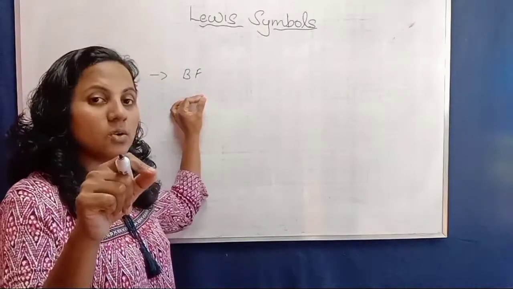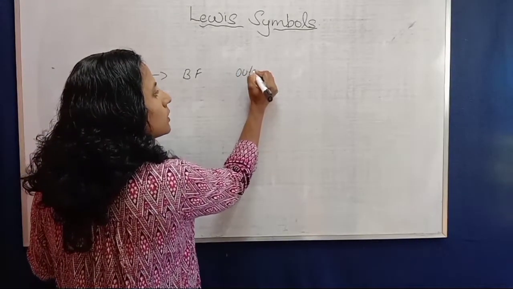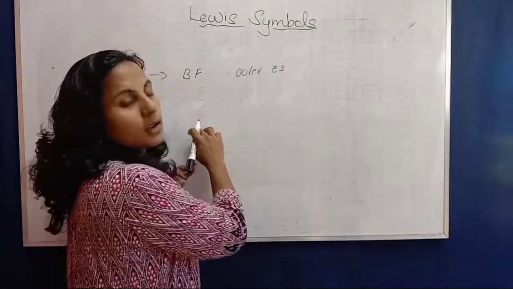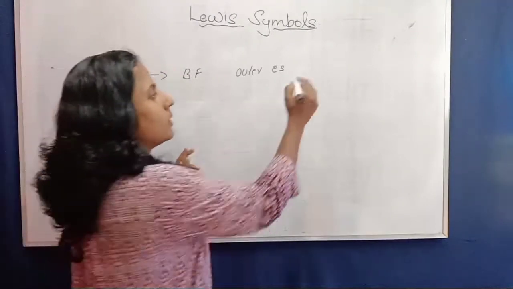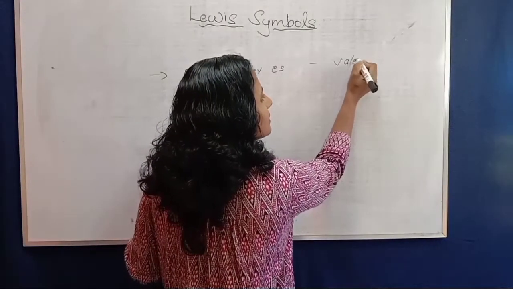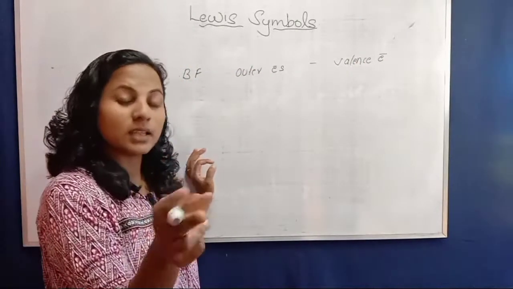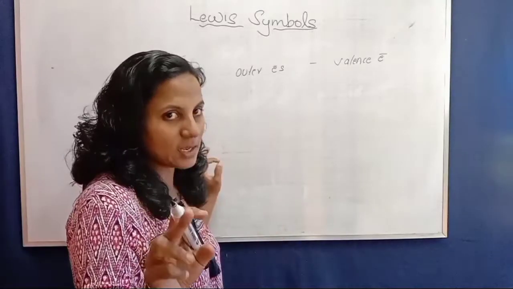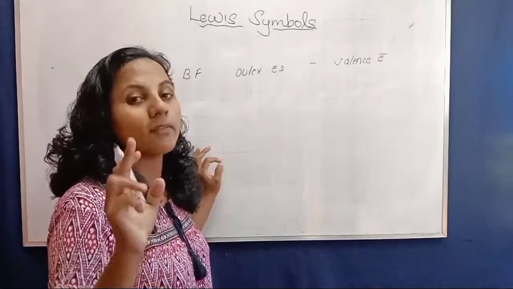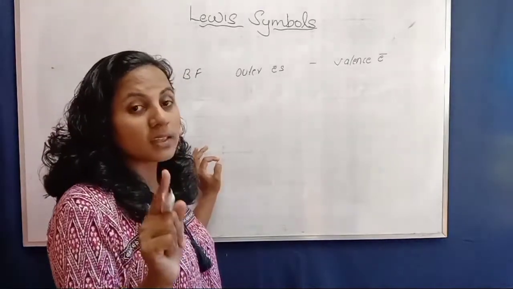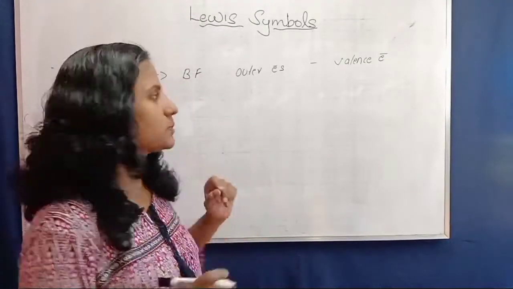The inner electrons and the nucleus are inert. Those electrons present in the outermost shell of an atom are called outer electrons, and these are also called valence electrons. He said only these valence electrons take part in bond formation. This is the first point he made.